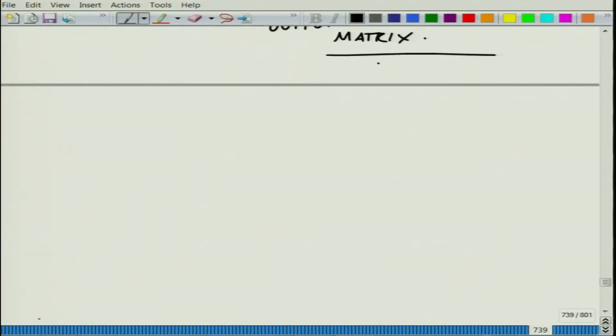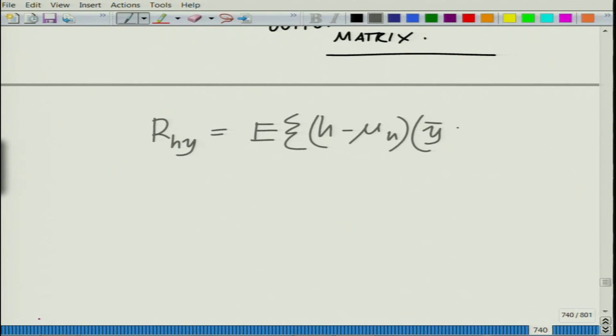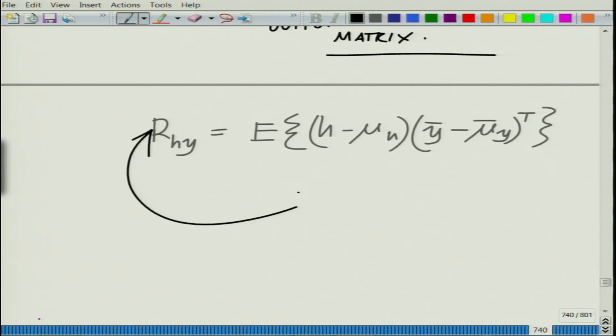In the formula, if you remember, we have the term R_y inverse. Now comes the other quantity, which is the cross covariance. Now we have to evaluate R_hy, which, if you remember the definition, is expected value of (h minus mu_h), which is a scalar quantity, times (y bar minus mu bar y) transpose.